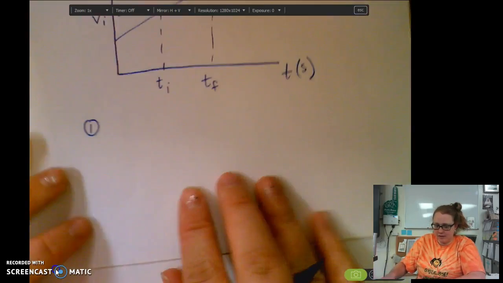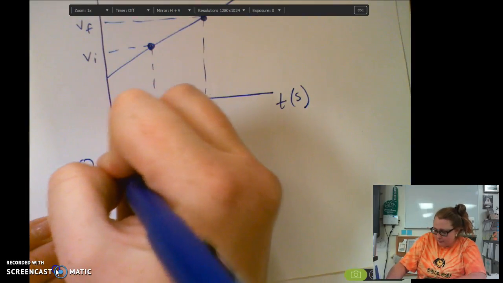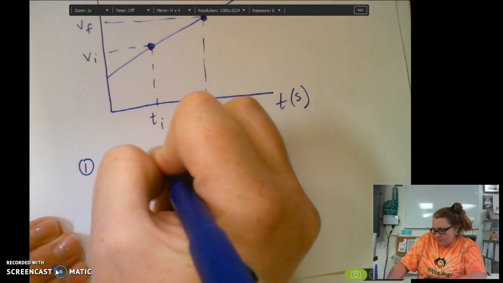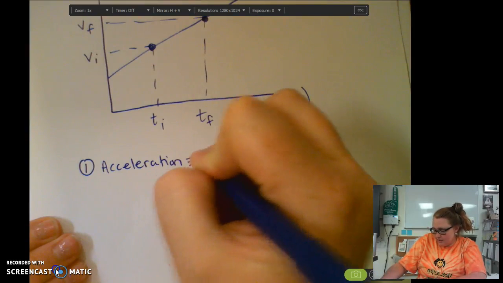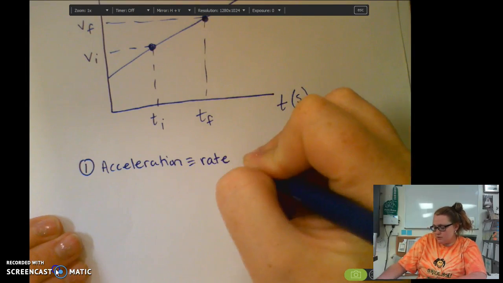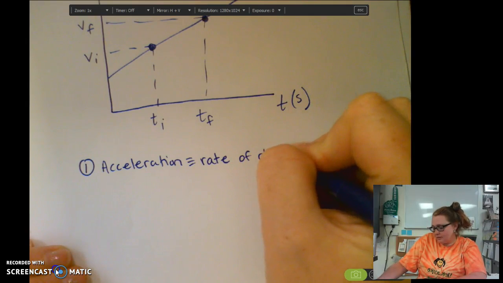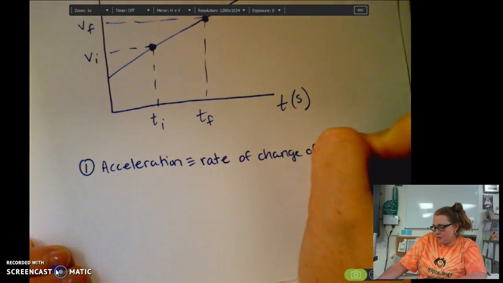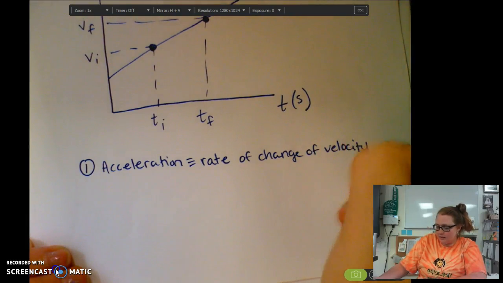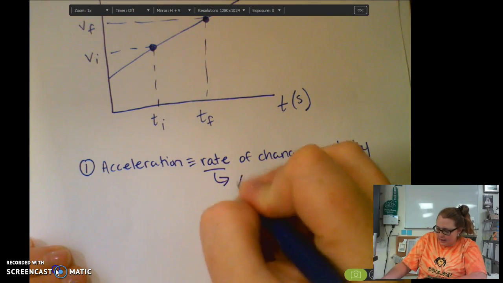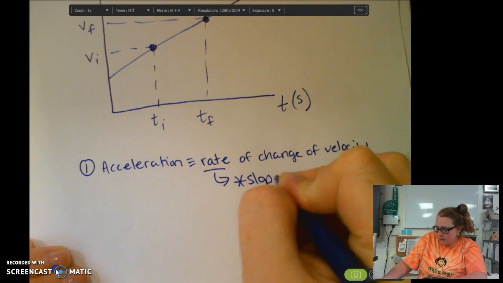Acceleration is a rate, and it's a rate of the change of the velocity. So when you think of a rate, you need to think, okay, we need to be looking at the slope.